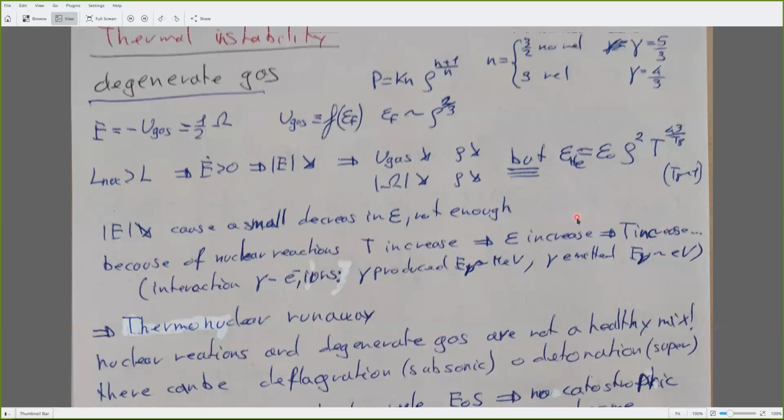Remember, temperature is the kinetic energy. It's true that the kinetic energy of the gas, essentially the electron, does not depend on the temperature, but only on the density. But we have also ions.